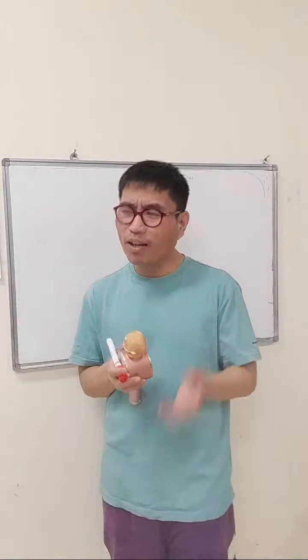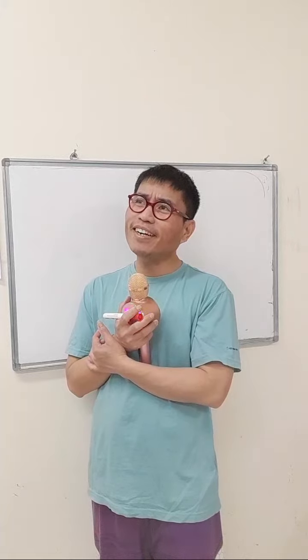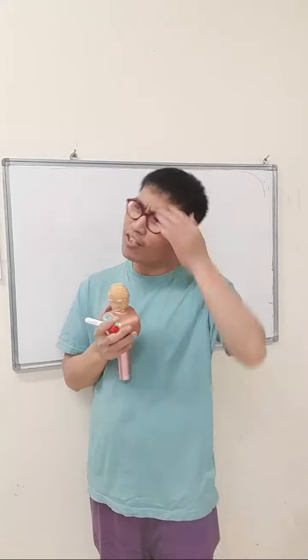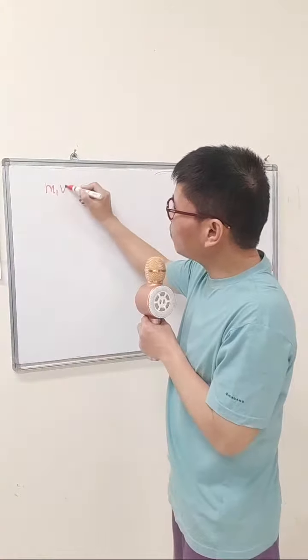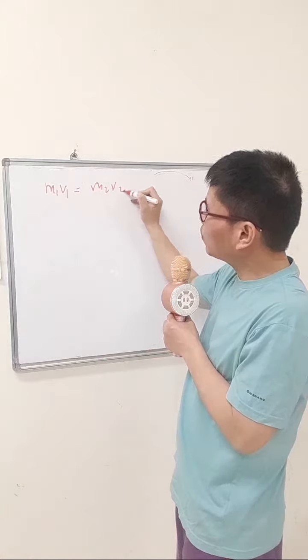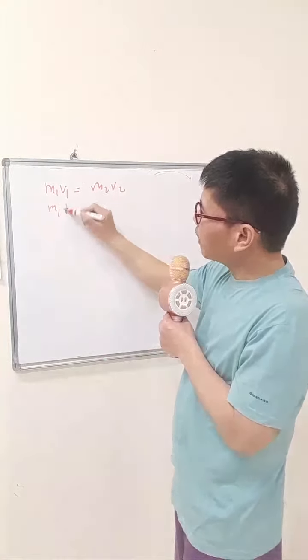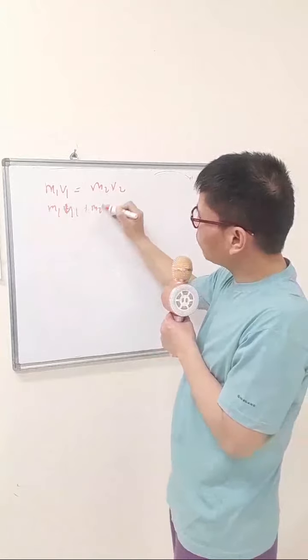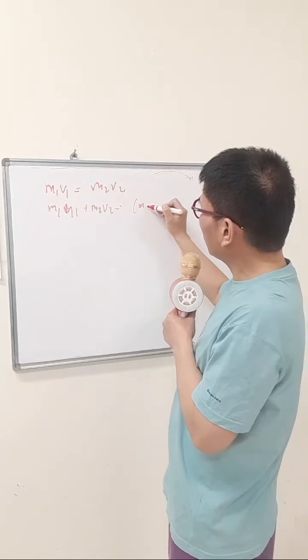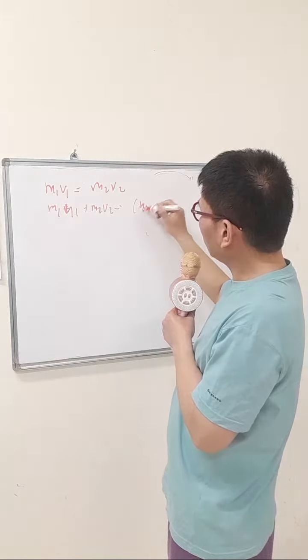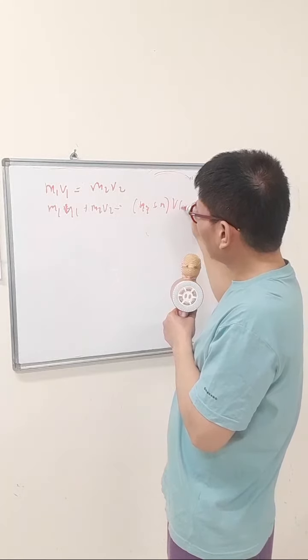Any questions so far? Actually, this is not really the solid momentum. What do I mean by solid momentum? This is not really the accurate momentum topic. The accurate momentum topic is M1V1 equals M2V2, or M1V1 plus M2V2 equals (M1 plus M2) times the final velocity.